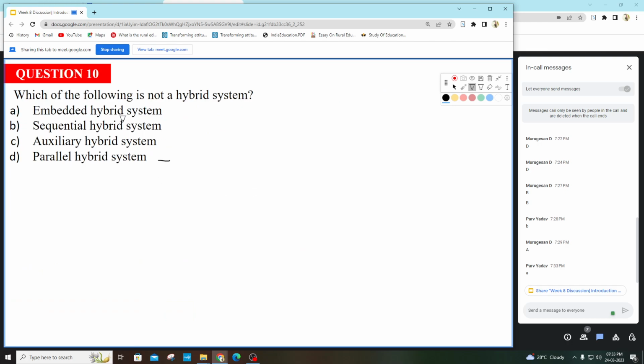Someone was guessing D. Any other guesses for this? I have discussed that there are three types of hybrid system: embedded hybrid system, sequential hybrid system, and auxiliary hybrid system. So parallel hybrid system is not a hybrid system.